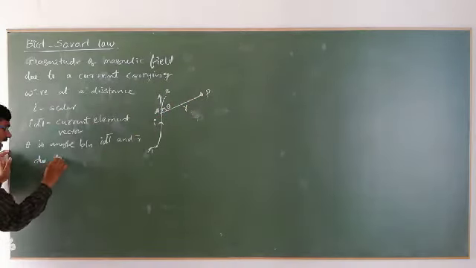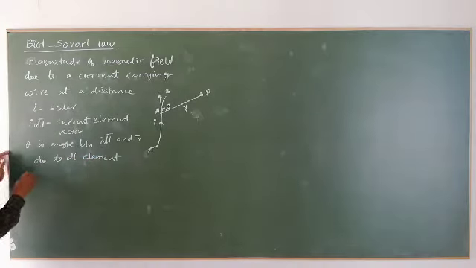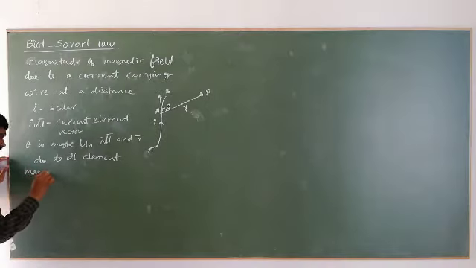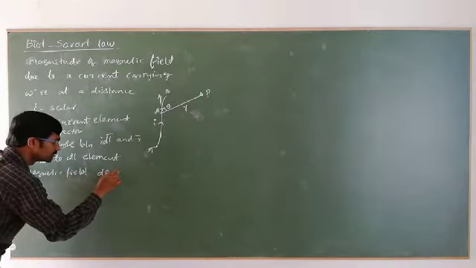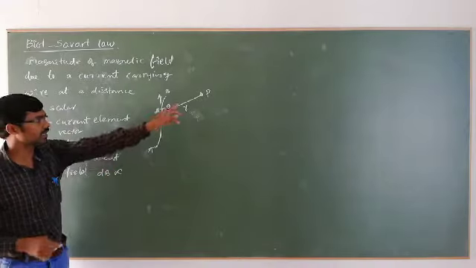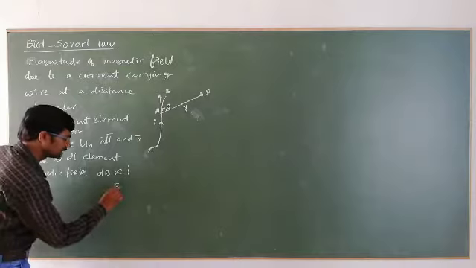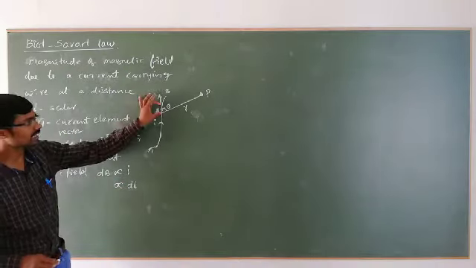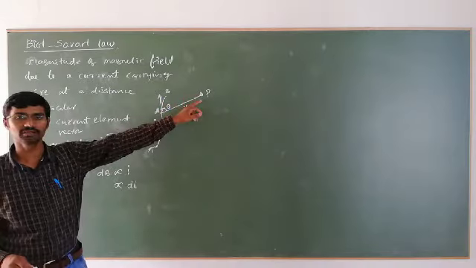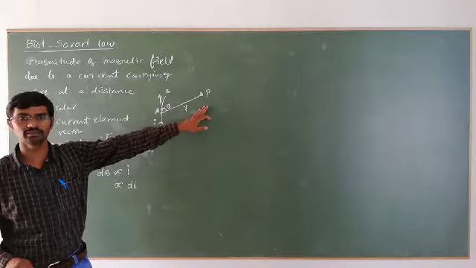Due to the dl element, the magnetic field at point P, dB, is directly proportional to the current flowing through it, which is I. It is directly proportional to the length of the element: more the length of the element, more is the magnetic field. More the current flowing, more is the magnetic field at this point.